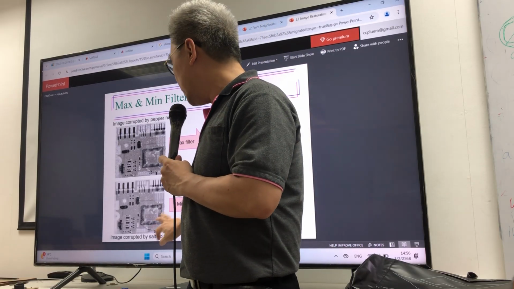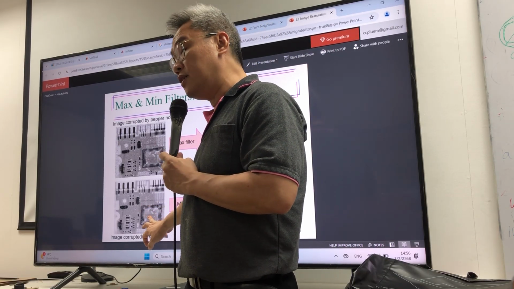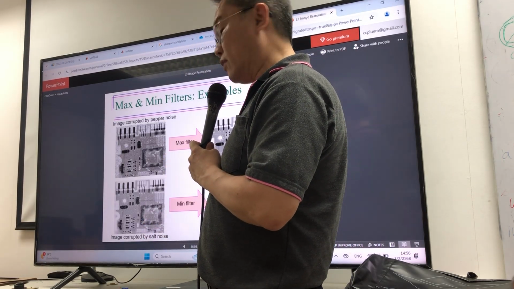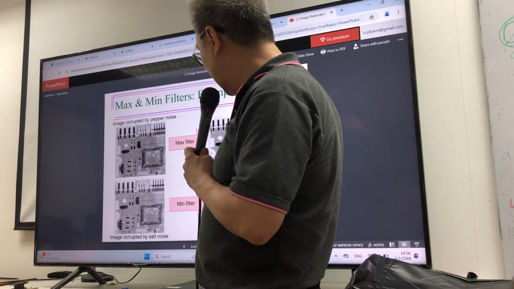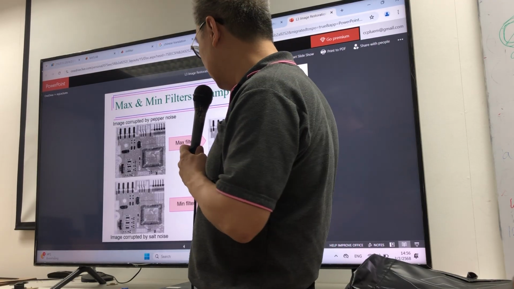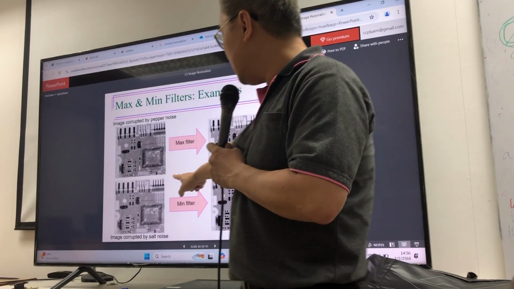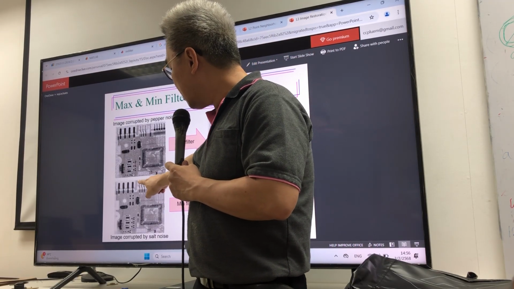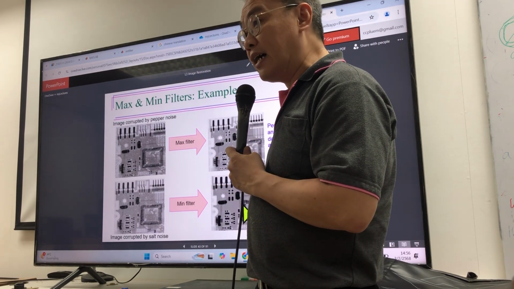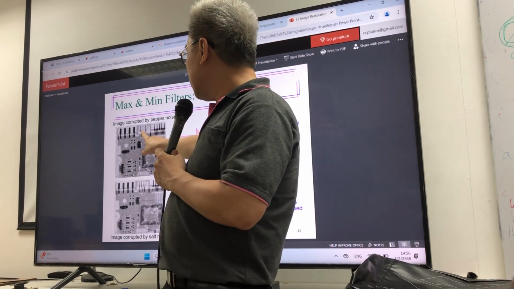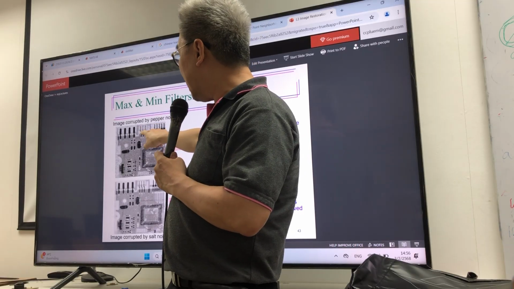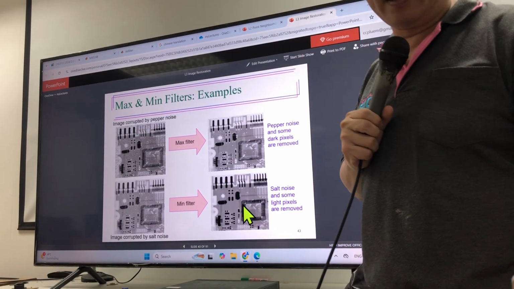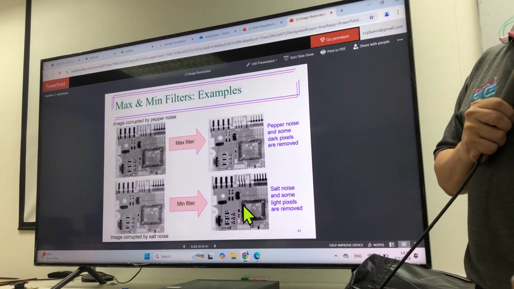With the min filter, you can get rid of the salt noise, but the image looks darker, and the dark edges get expanded a little. You can see here at this line, you've got a thicker black line. If you use the max filter, this black line will get thinner. That's the side effect of the max and min filters.